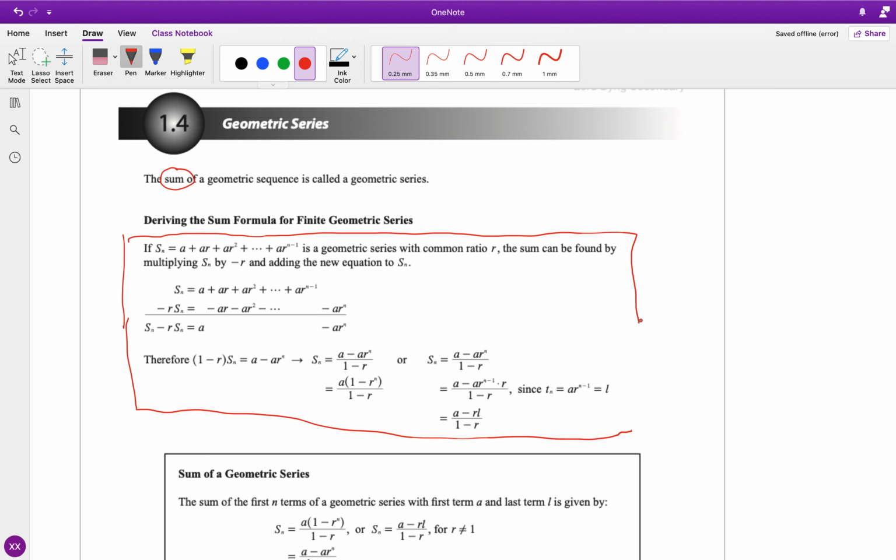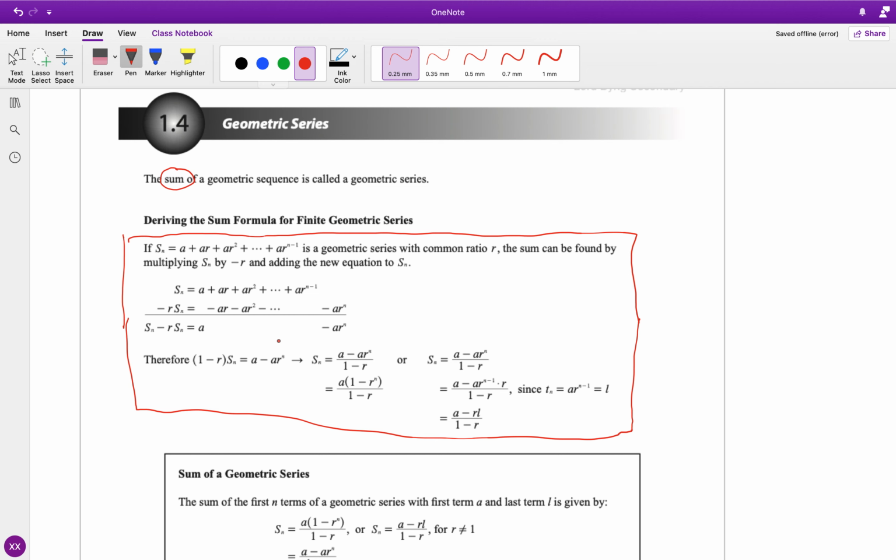All right. Now note this way of doing things. For example, you write the sum as all these terms together, and then you multiply the left-hand side by the negative common ratio. So then you multiply every single term by the negative common ratio, and then you add them together.